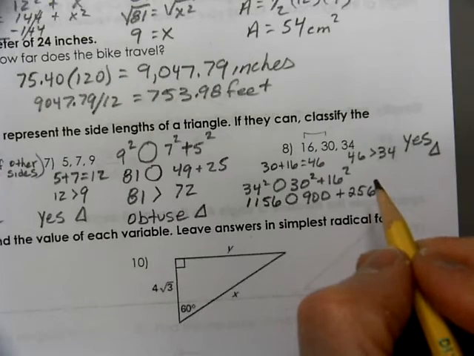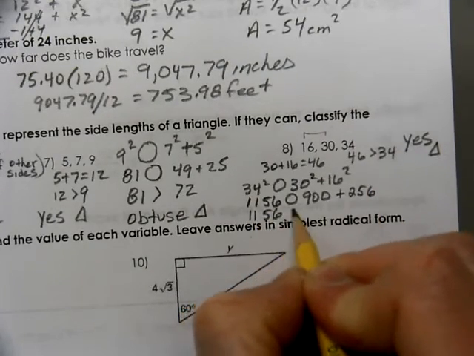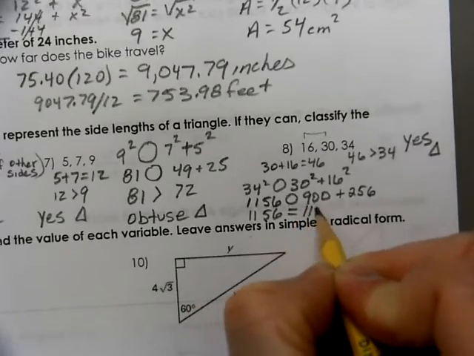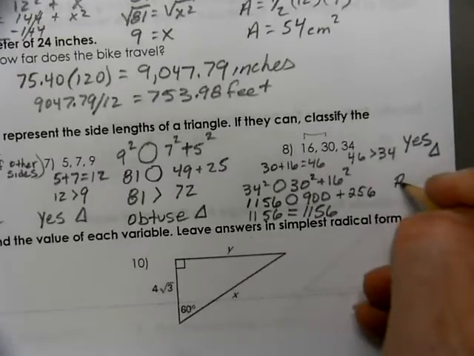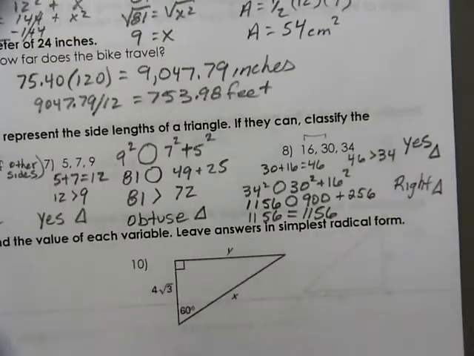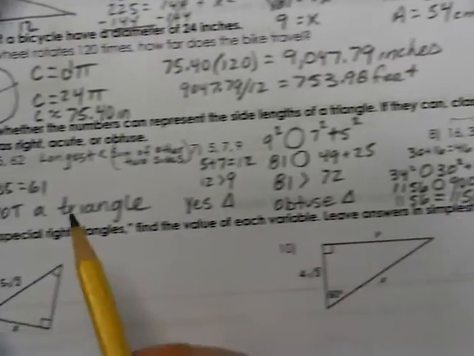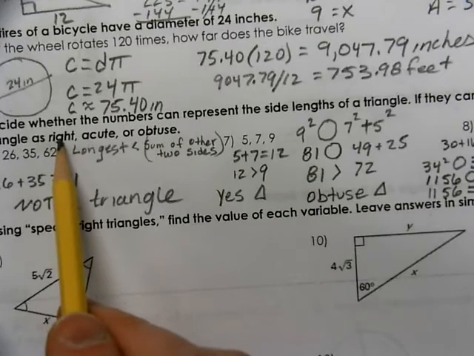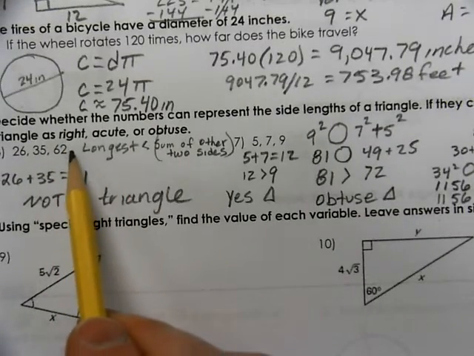Added to the 900, that equals our 1156. So we have a right triangle because it's equal. For it to be right, the hypotenuse squared has to equal the other two sides squared.